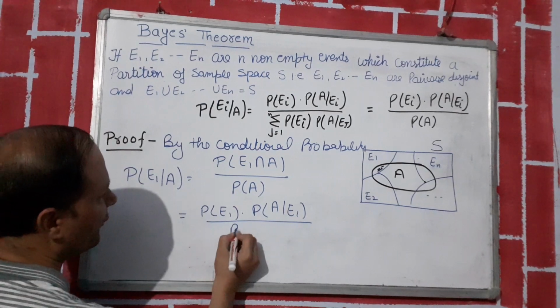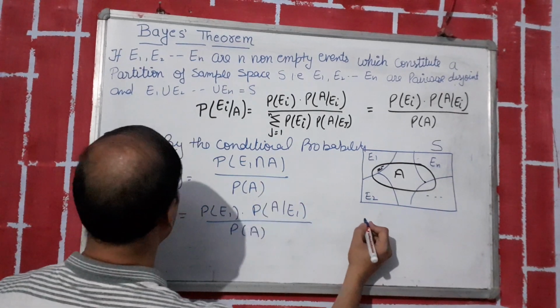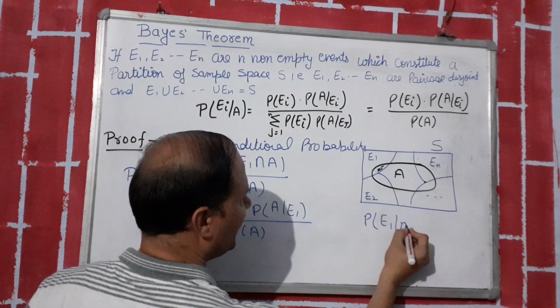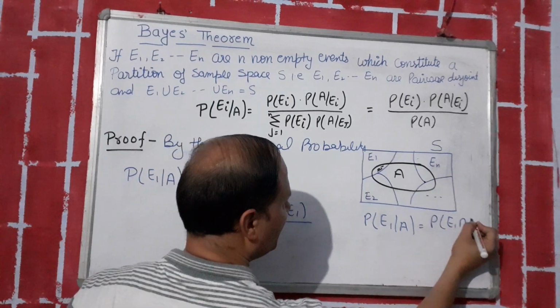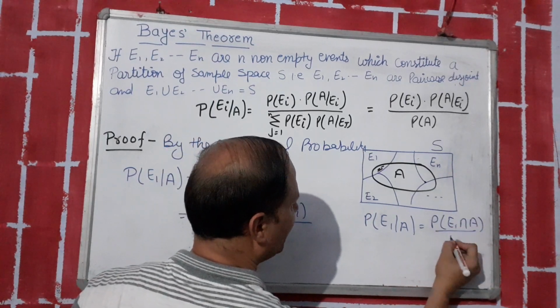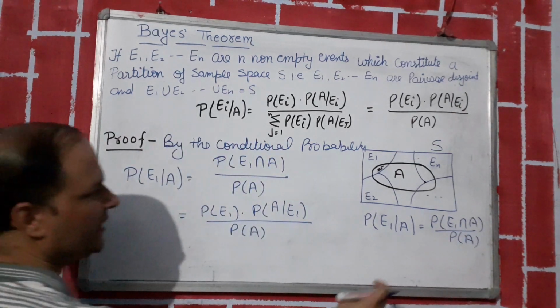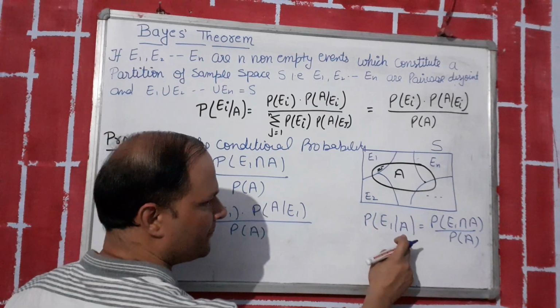So here we can see P(E1 upon A) equals probability of E1 intersection A upon probability of A. If we find out E1 intersection A, that will be equal to P(A) into P(E1 upon A).